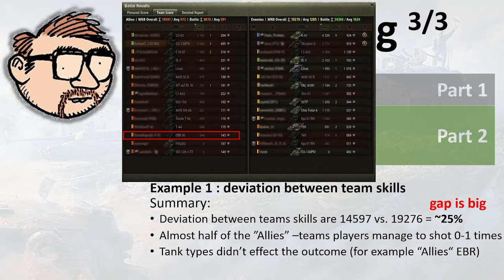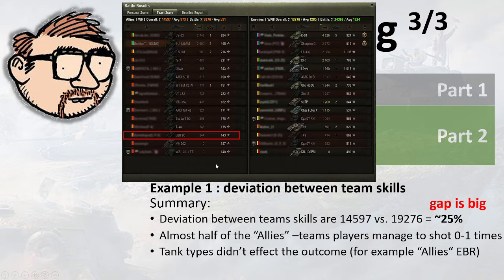I can't remember the battle itself because this is a pretty old battle result, and I have been going through hundreds of battle results. But I'm guessing that this EBR died right away, or he was camping on the red line or something. He didn't play as the role requires. That's the output, because the experience he earned is very low.